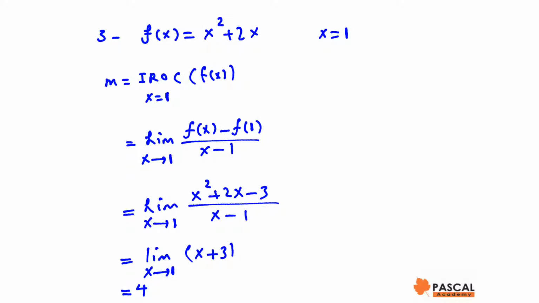The point is (1, 3). Therefore, y minus 3 equals 4 times x minus 1 is the equation of the tangent line. This can be written as y equals 4x minus 1.